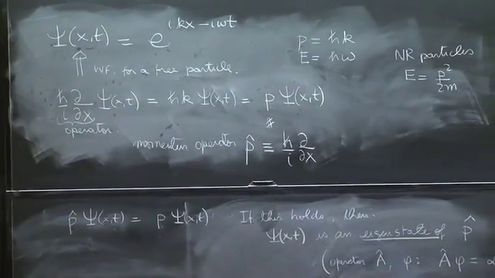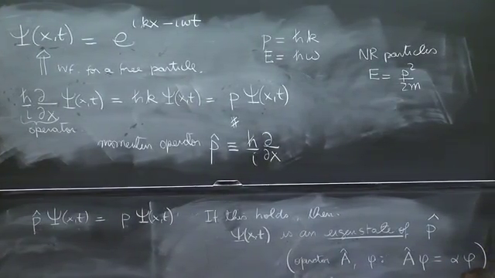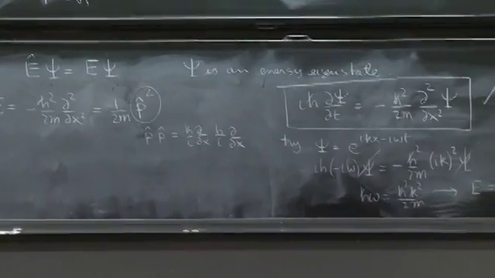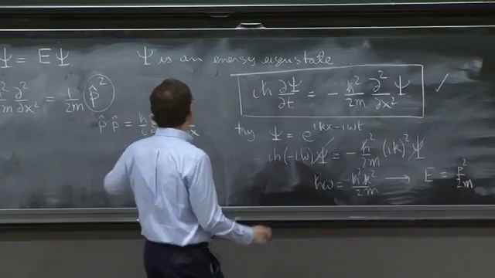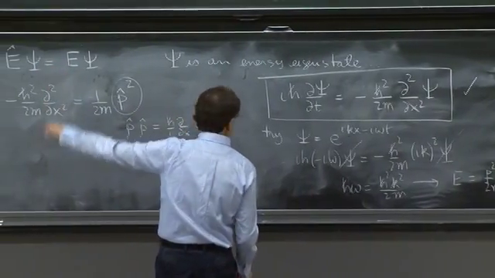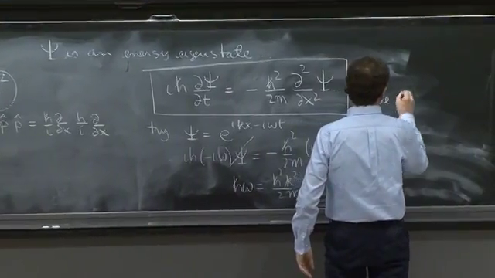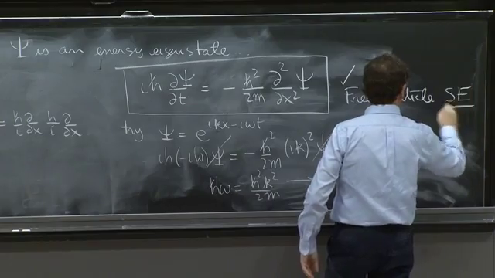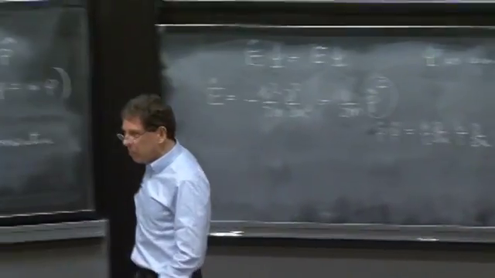Because, for example, another thing that you have here is that this equation is linear. Psi appears linearly. So you can form solutions by superposition. So the general solution now is not just this. This is a free particle Schrodinger equation. And you might say, well, the most general solution must be those plane waves.